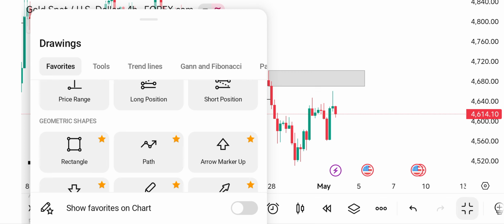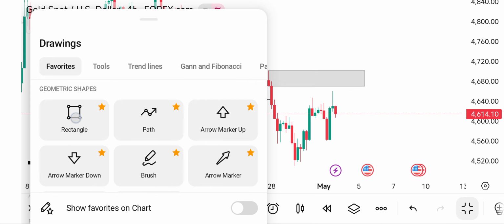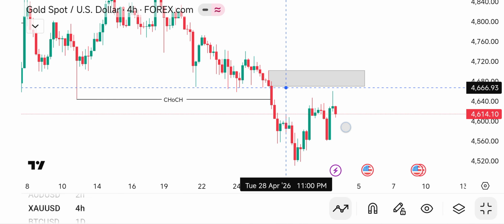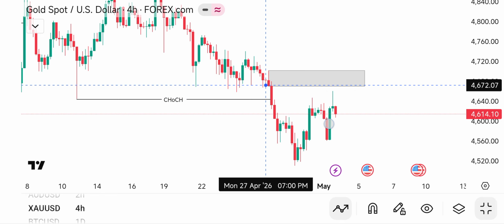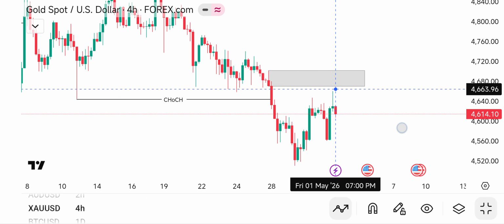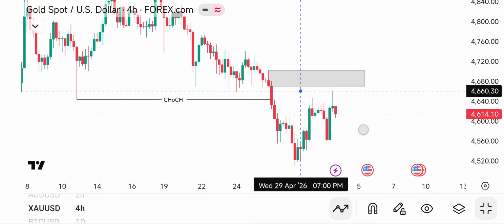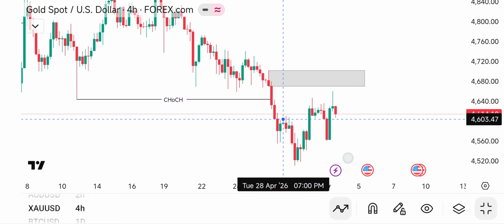You understand? So why we will be taking ourselves from this origin is, number one, we have an imbalance. We have an imbalance level inside. You can see this candle and this candle didn't touch, so we have this inefficient level here. Although price has pushed up to fill like half of it, we still have a tiny gap inside.